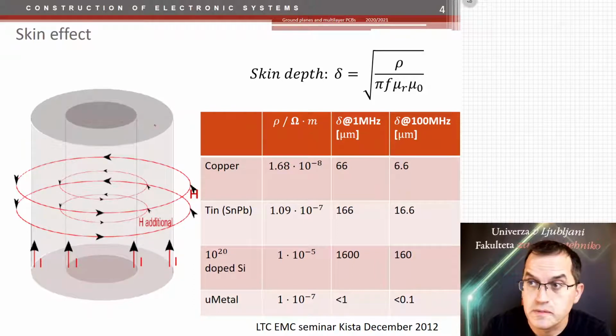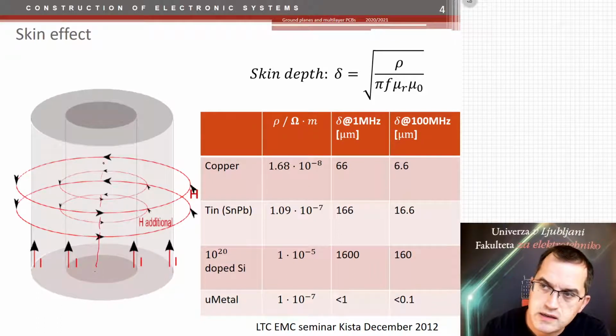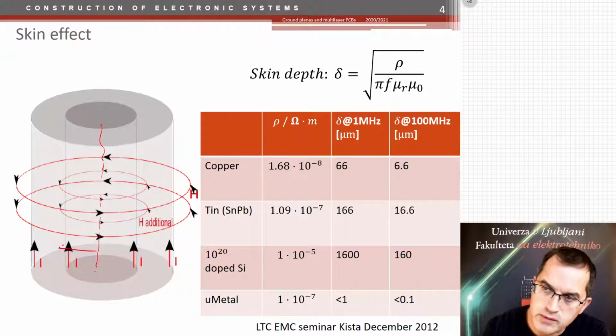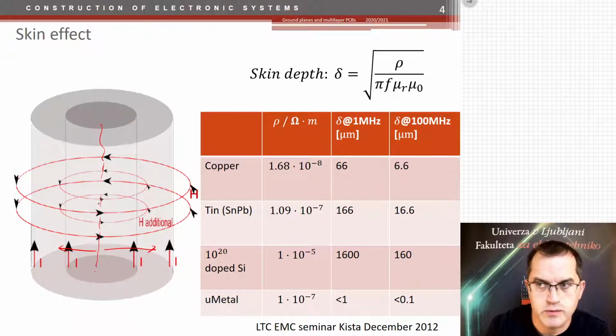Why is that so? The current generates a magnetic field. And if the current is running in the middle of the conductor, the surrounding magnetic field forms so-called inductance. So if the current is flowing on the surface of the conductor, there is less surrounding magnetic field, therefore less inductance.